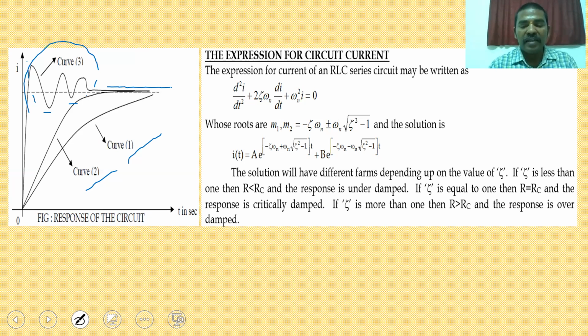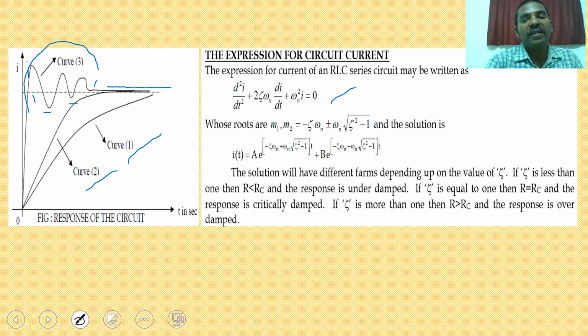So the overall expression in time domain behavior can be represented as d square I by dt square plus 2 zeta omega n into di by dt plus omega n square into I is equal to 0, where omega n is the natural frequency of the system, and zeta is the damping ratio.